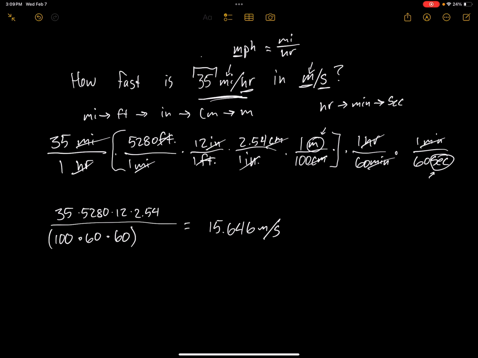So this is saying there are 2 sig figs. So I need to represent this with 2 sig figs, which are the leftmost. This one is a 6, which is above 5, so that rounds up. 5 or above rounds up. So this is going to be 16 meters per second. So that is the speed of 35 miles per hour.